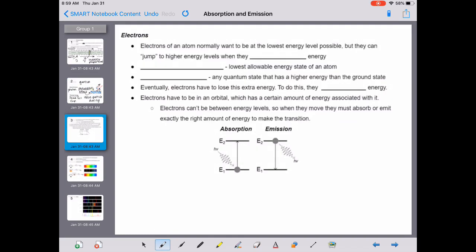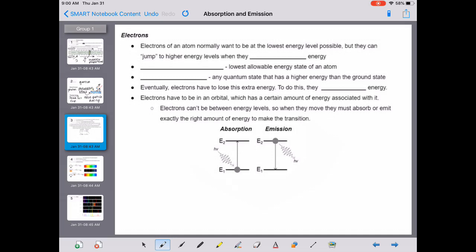So let's talk about what this has to do with electrons. Electrons of an atom, we've discussed before, are lazy and they want to stay at the lowest possible energy level that they can. But electrons in the valence shell of an atom can jump. We refer to this as an atomic jump.